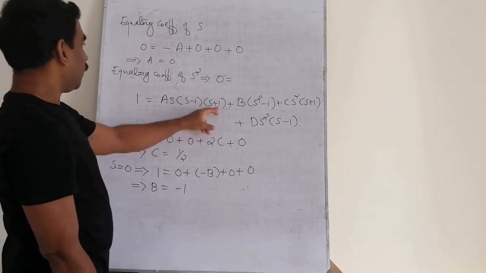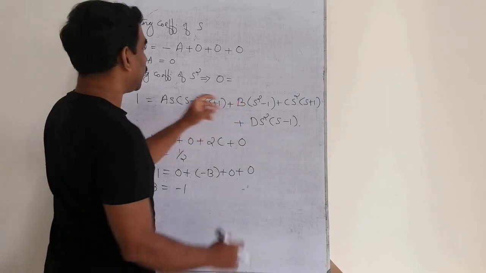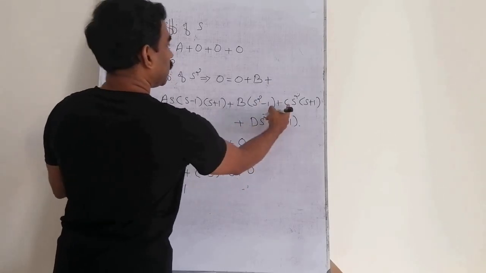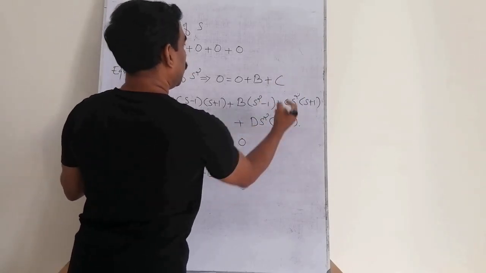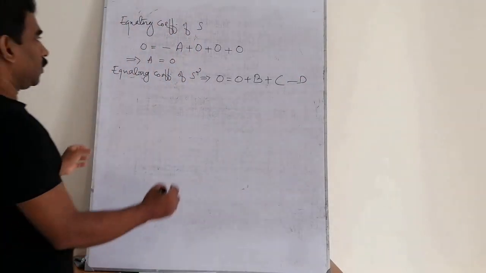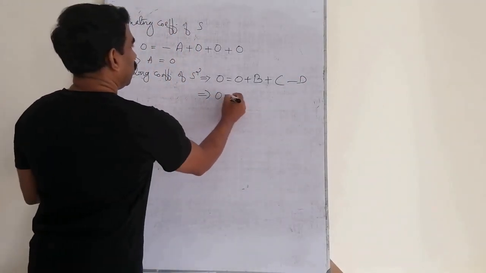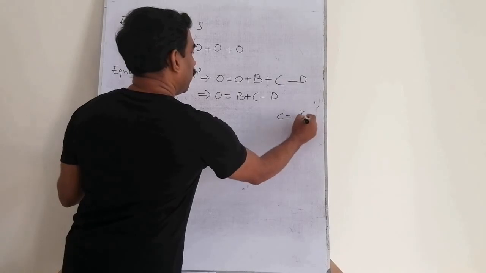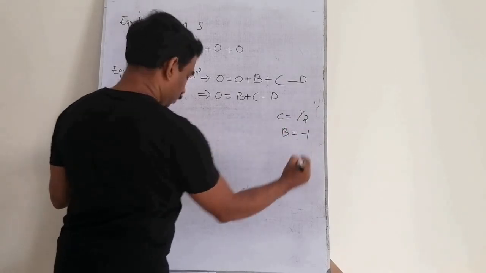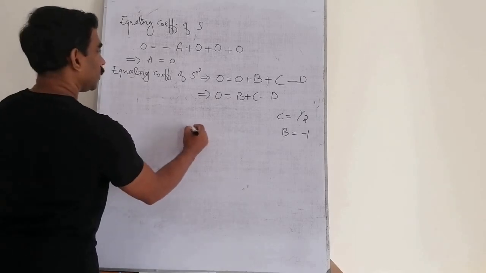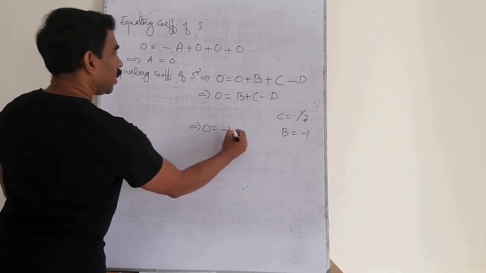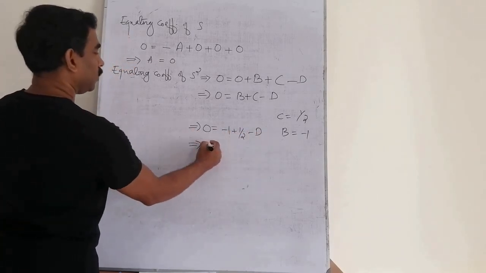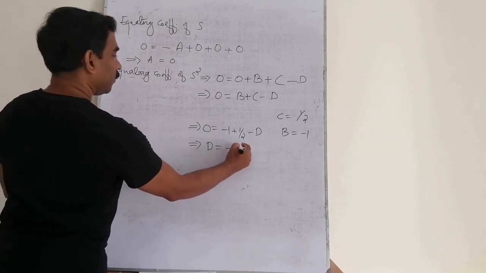The first factorization doesn't contain s square terms, and the second contains an s square, so this is 0 plus B plus another is C and another is minus D. So this implies 0 is equal to B plus C minus D, and substituting our previous values, C is equal to 1 by 2 and B is equal to minus 1, this implies 0 is equal to minus 1 plus 1 by 2 minus D, or D is equal to minus 1 by 2.